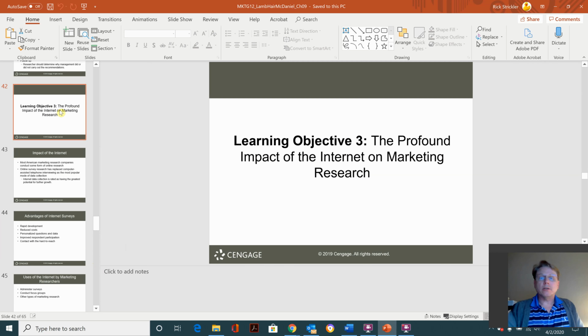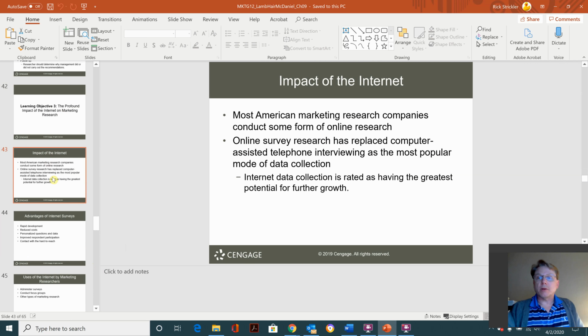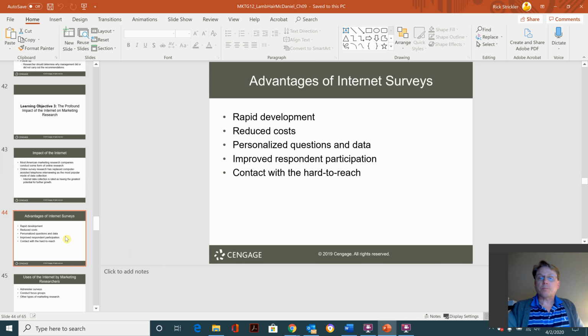So the next section here is the profound impact of the internet on marketing research. Most American marketing research companies conduct some form of online research because it's less expensive, it's much faster, and it's much more reliable because more people will actually do it versus telephone, mail surveys, or door to door, which nobody, of course, now with COVID-19 will open their door to anybody.